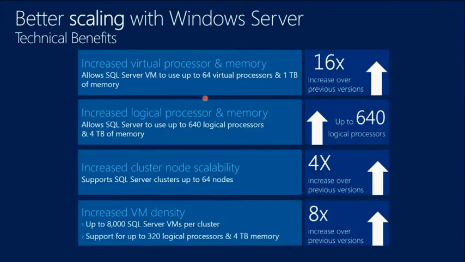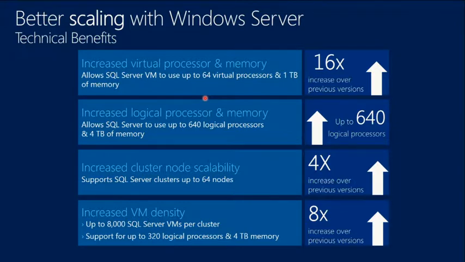The first one is on scale. Right? So I have 4 points here. The first one is obviously the virtual processor, right? We used to support only 4 virtual processors before. With the latest Windows Server, we can go up to 64, right? So now you can actually put your mission-critical SQL Server in Hyper-V, right?